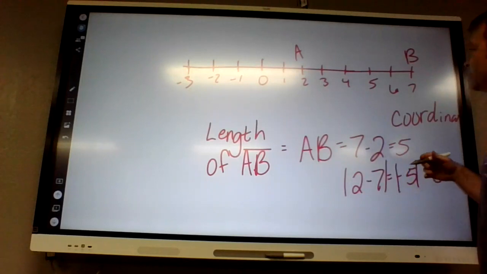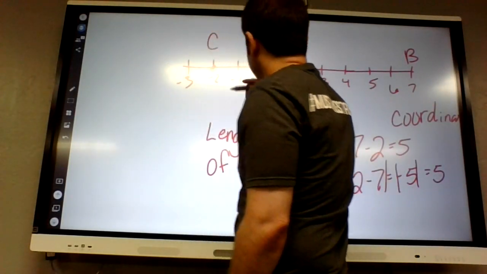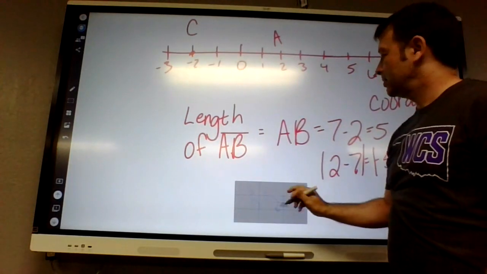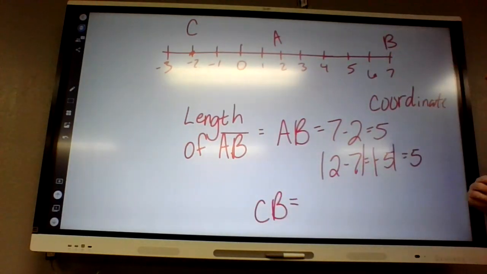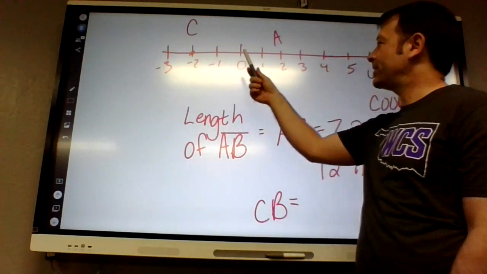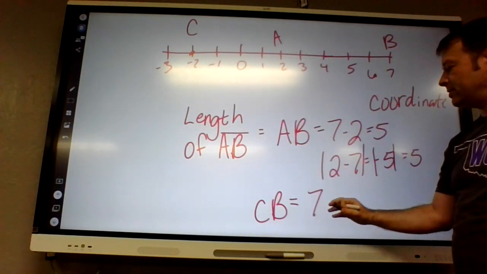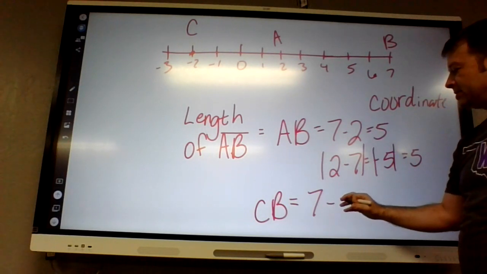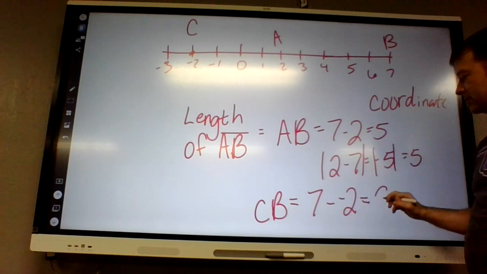So what about if I'm going from, let's say, segment CB? How would I find the length of CB? Does subtraction work still? Oh, you know what? It does actually. 7 minus negative 2 is 9.